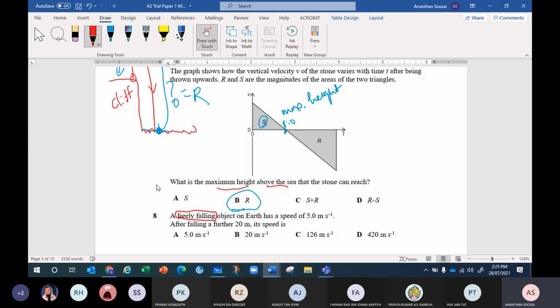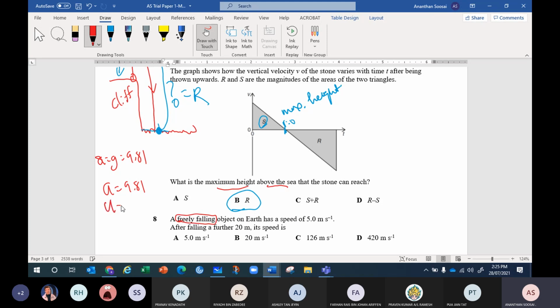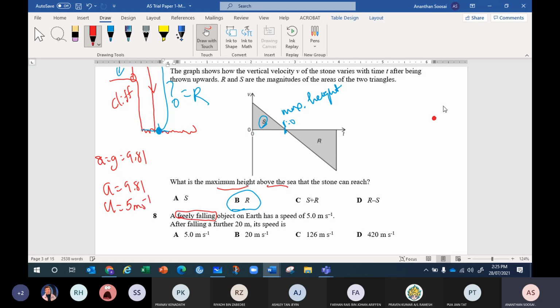So acceleration is gravity, 9.81. The initial velocity U is 5 meters per second. After falling a further distance, that means S is 20 meters. U is 5, S is 20.